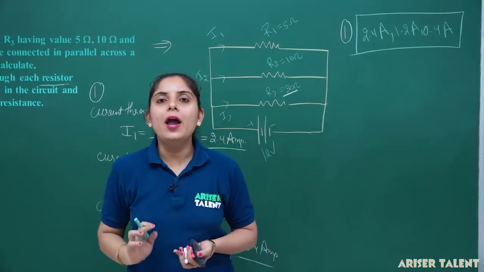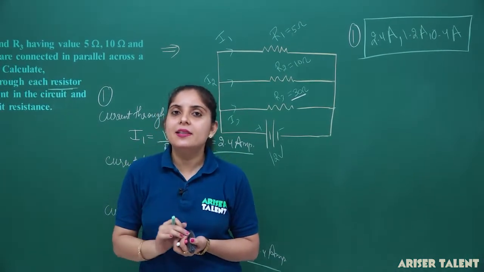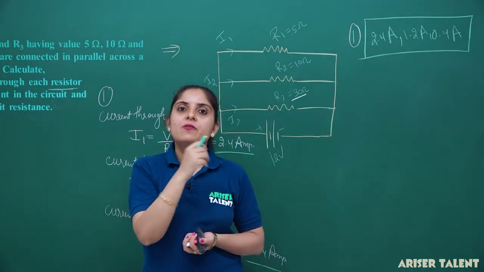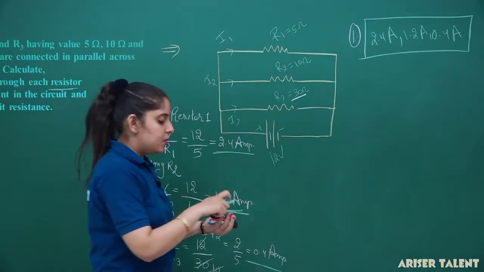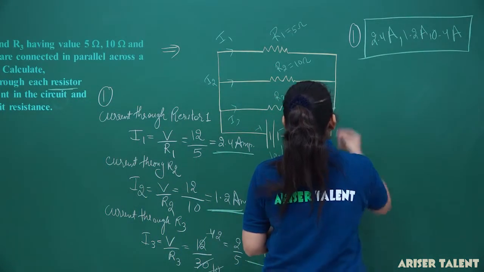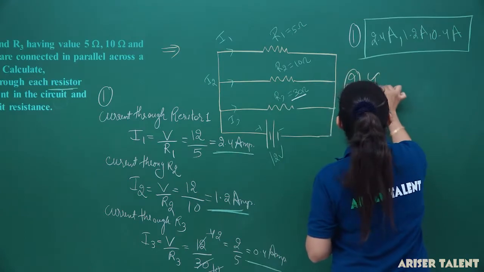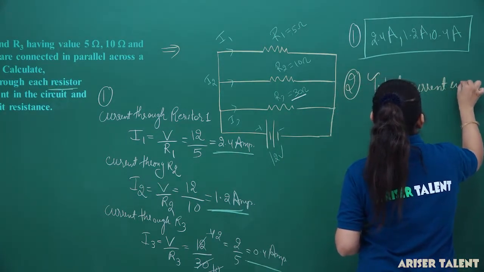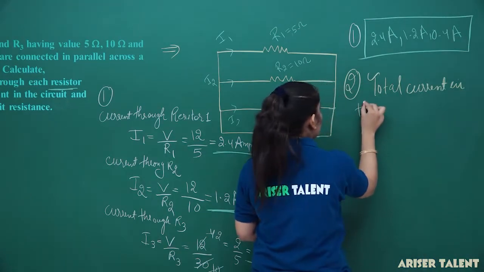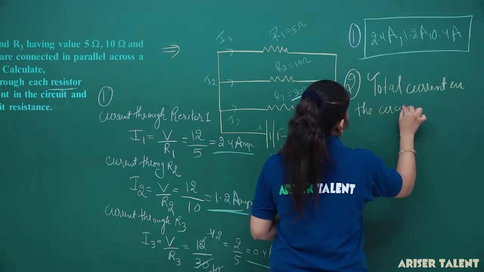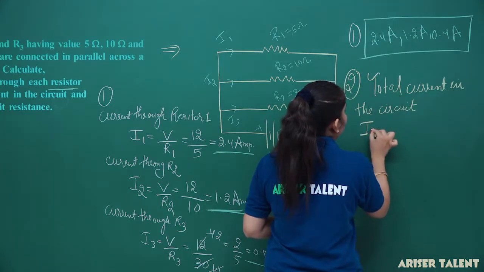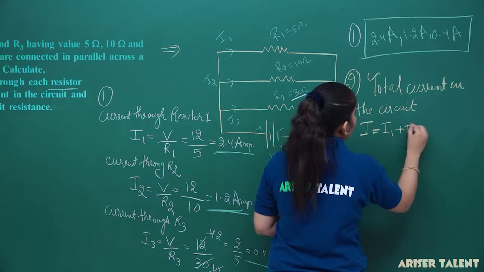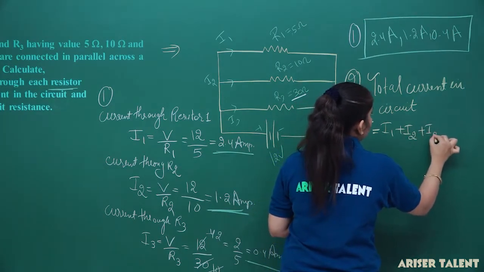Now you have to calculate the total current in the circuit. So the total current in the circuit in case of the parallel combination will be the sum of all these currents. So let's begin the second part here. You have to calculate total current in the circuit. So the total current I in the circuit will be the sum of I1 plus I2 plus I3.